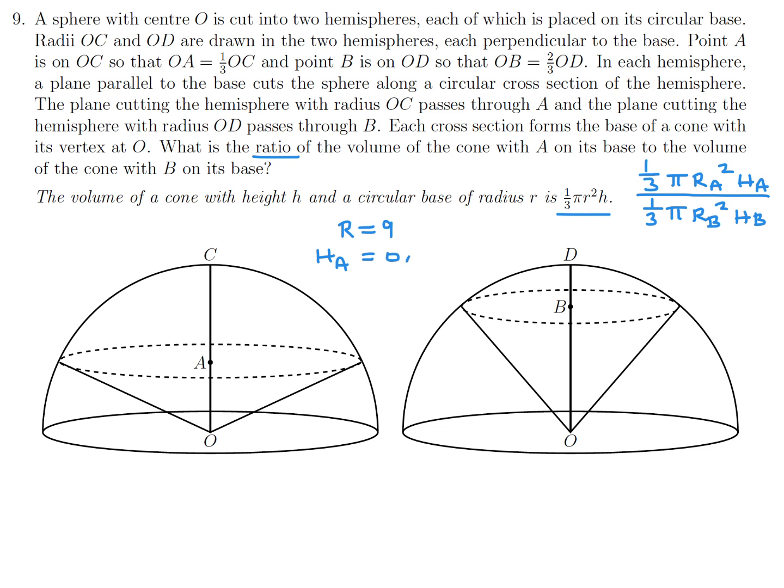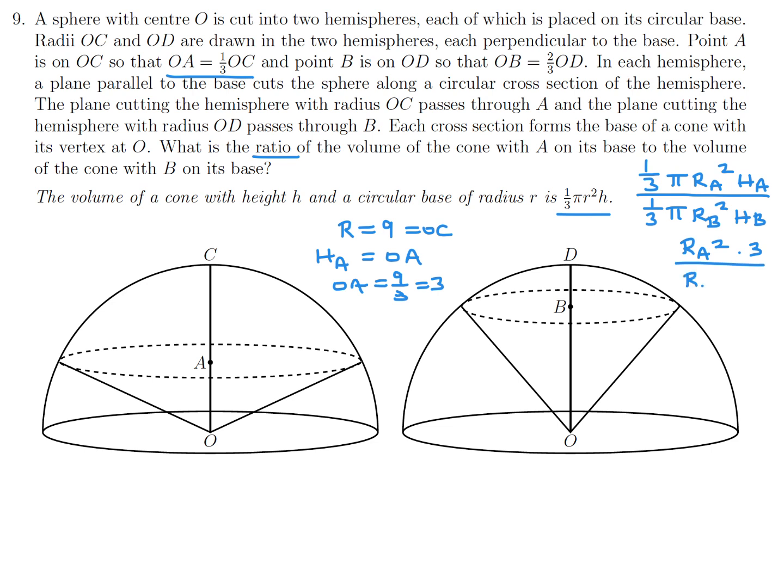It is the distance from O to A. And OA, they tell me, is 1/3 of OC. OC is the radius. So that's just 1/3 of 9. So 9/3, so that's 3. Okay. So this becomes RA squared times 3.